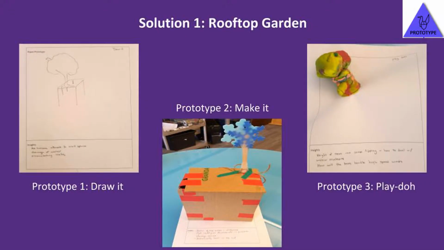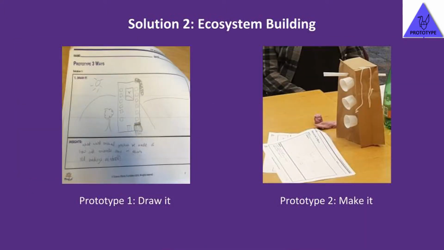And so then from that stage, we went into prototyping. So I had my students build a prototype of a rooftop garden. They built a prototype of the building that would host ecosystems for local animals. And again, this stage was quick. They built these prototypes in 10 minutes and they were all throwaways.